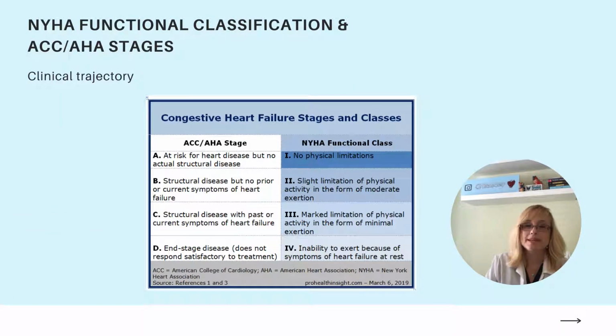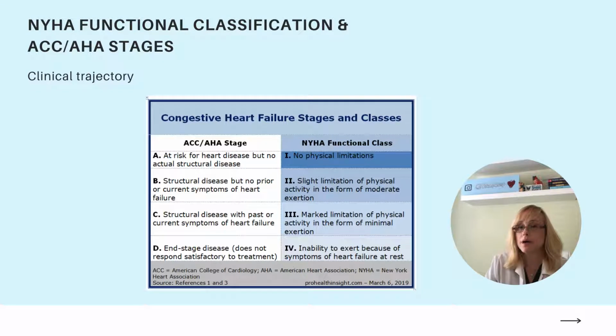In your documentation on admission and at discharge, document the New York Heart Association functional class and the ACC-AHA stage. The patient's NYHA functional class may improve with treatment. Class 1 refers to no physical limitations. Class 2, slight limitation with physical activity in the form of moderate exertion.